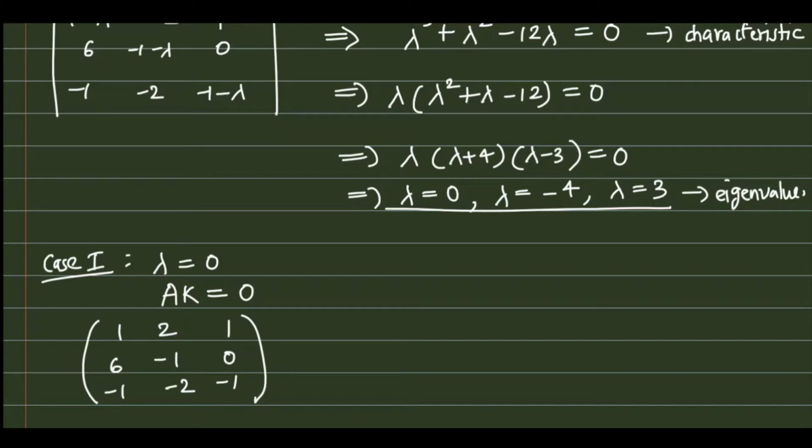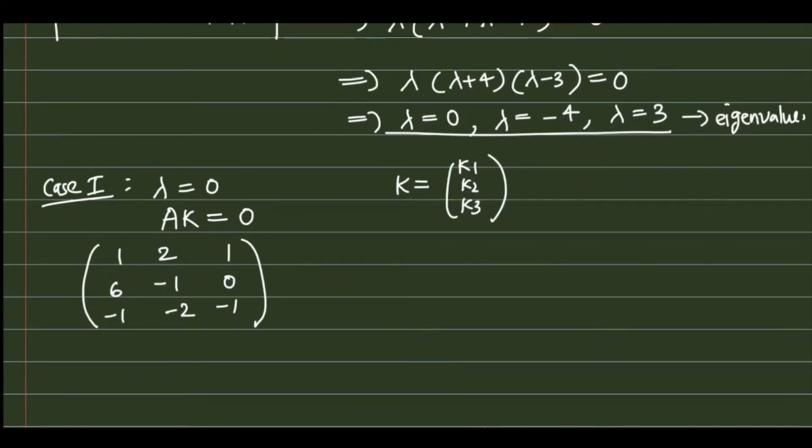Now here, since A is a 3 by 3 matrix, the value of K we can take as K1, K2, K3. So our aim is to find K. So we have AK equal to 0. So this implies A into [K1, K2, K3] equal to the zero matrix.